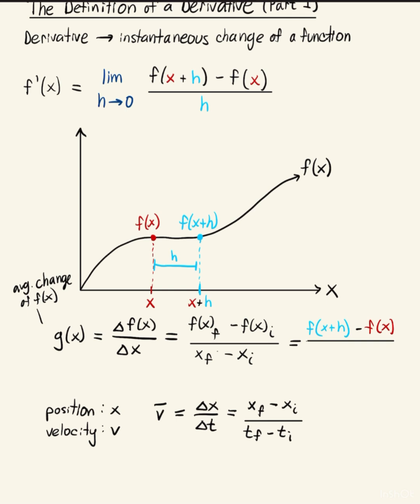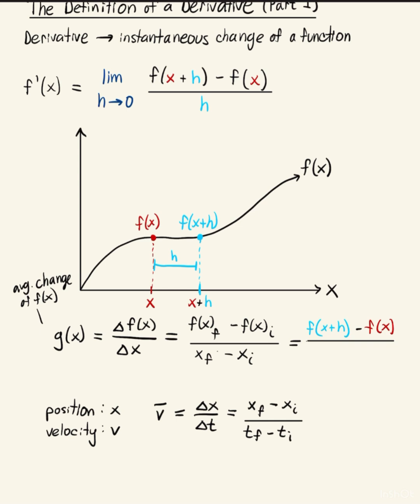Now, our final value of x is going to be the point where we are at our final value of f of x, which in this case is f of x plus h. Again, f of x plus h is just the value of f of x when we move h in this direction.